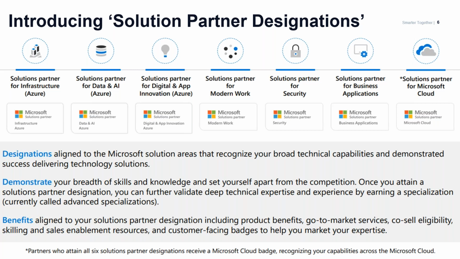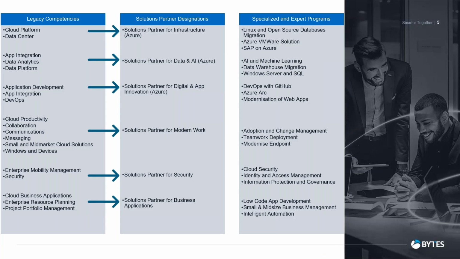The difference, if you get an advanced specialization: if we go back to the previous page, you've got the top accreditation there, which is the solution partner for infrastructure, because you previously had cloud platform and datacenter. Good. You then decided that you offer quite a lot of VMware services to your customers as well. You want to start looking into putting that VMware hosted on an Azure environment instead.